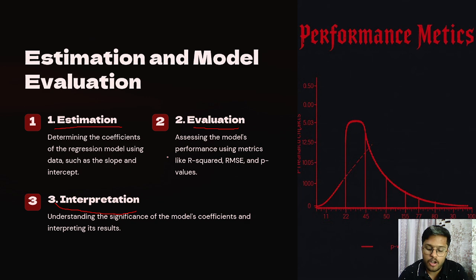With API integrations, models are often exposed through APIs that allow other systems to interact with the model and request predictions. Now, continuous learning: some systems are designed to continuously learn from new data or feedback to improve the model in real time.